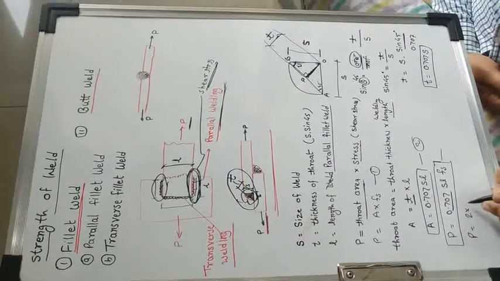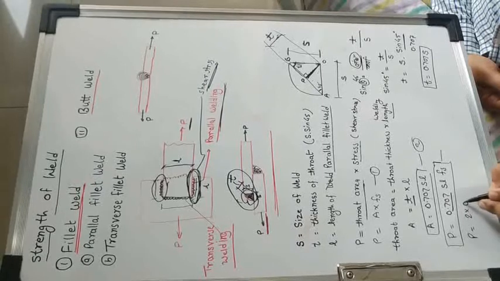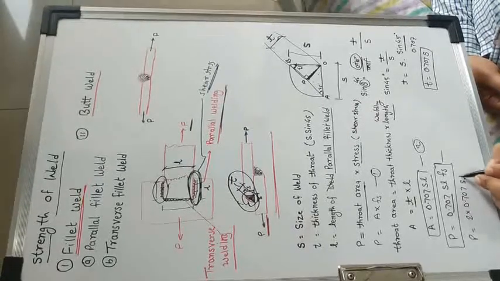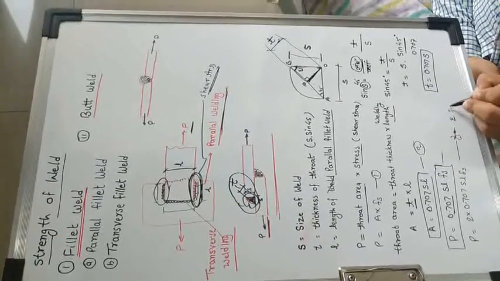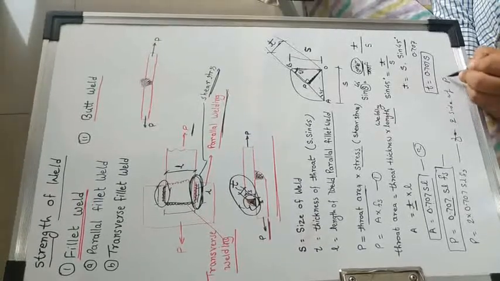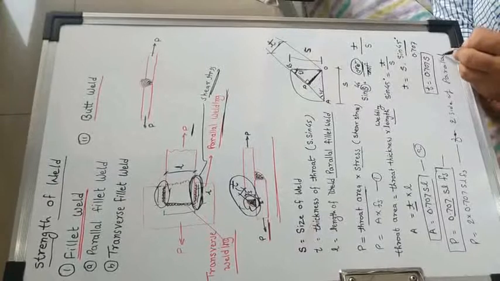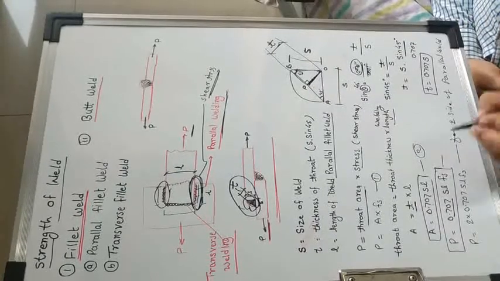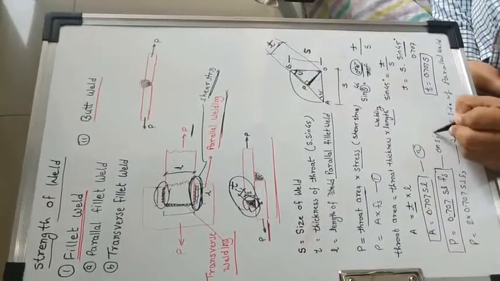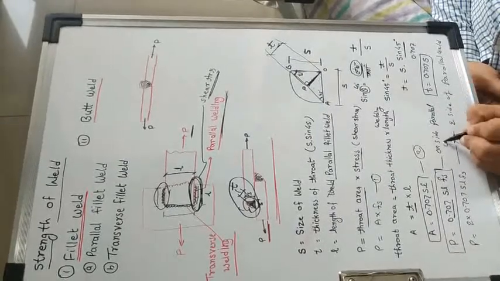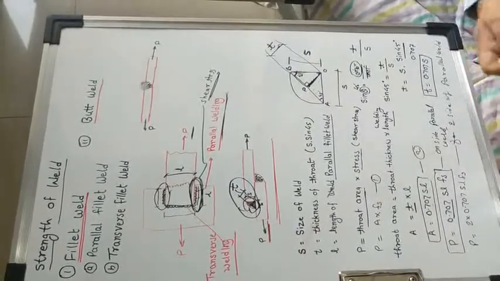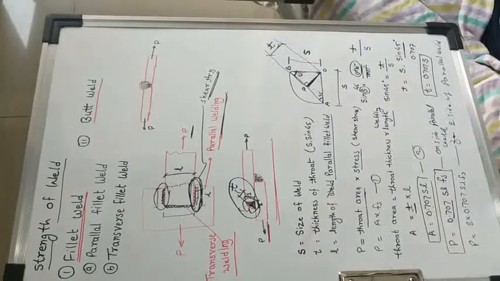So 2 into 0.707 SL Fs for two sides of parallel weld. This is one side parallel weld. So this is the strength of parallel weld.